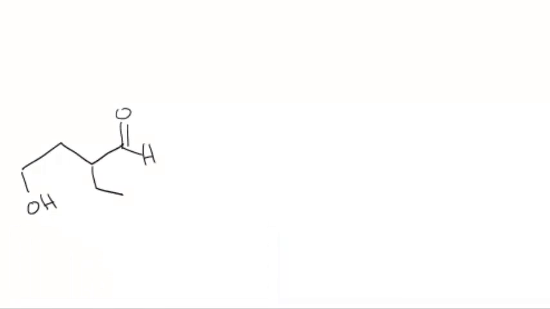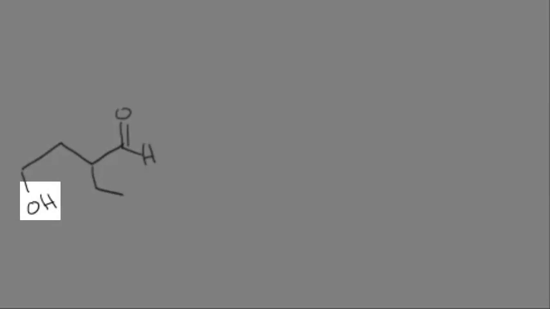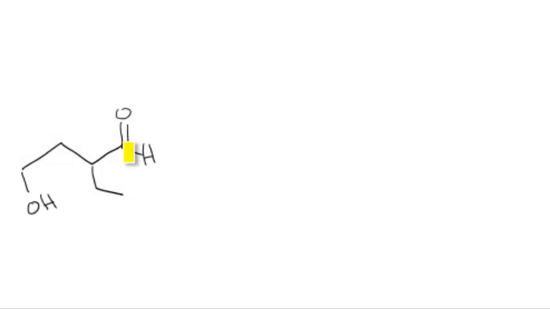The alcohol OH is lower in priority, so in this case the OH hydroxyl is a substituent and not the highest priority group. This is not an alcohol, this is an aldehyde. So longest continuous carbon chain that includes the aldehyde carbonyl is going to be 4 carbons long.